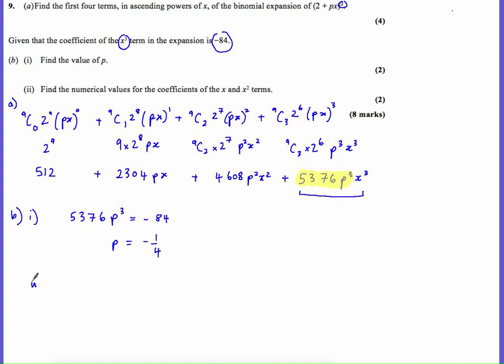The next bit, find the numerical values of the coefficients of the x squared and the x term. So 2304 times minus a quarter should come out to be negative, so minus 576. So this was the x term, if you like.